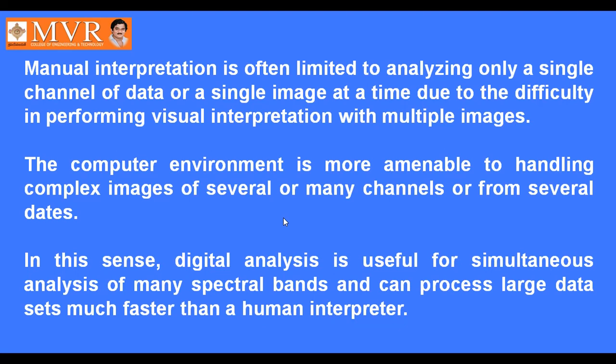Manual interpretation is often limited to analyzing only a single channel of data or single image at one time, due to the difficulty of performing visual interpretation with multiple images. So by manual interpretation we could not get much information.